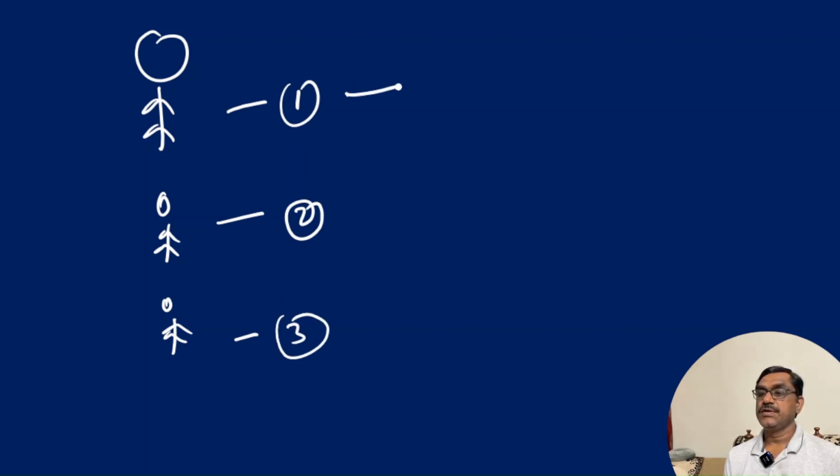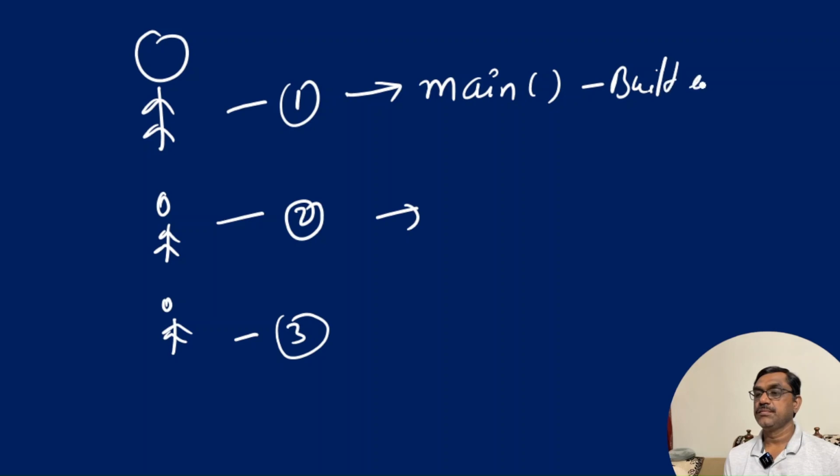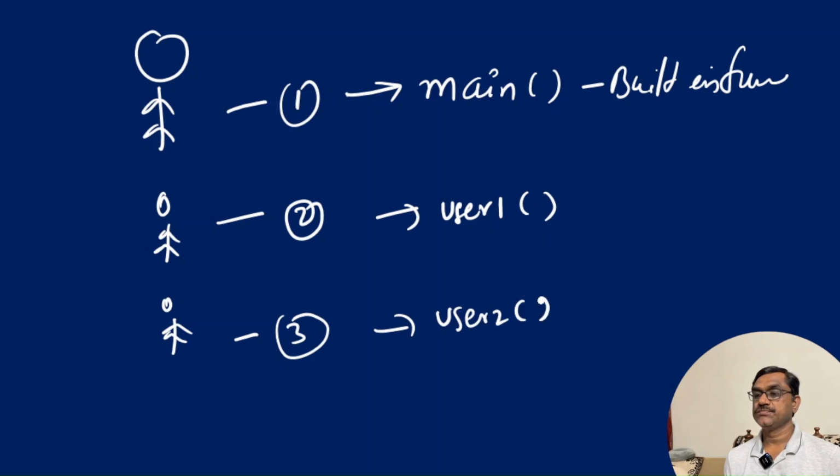Now here the boss is the first function. Assume that this is the main. And this is a built-in function, we know this built-in function. And this is a user-defined function. Assume that this is the user one function and this is the user two function.